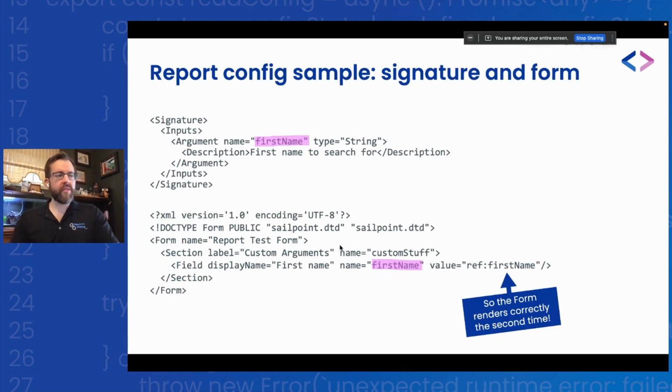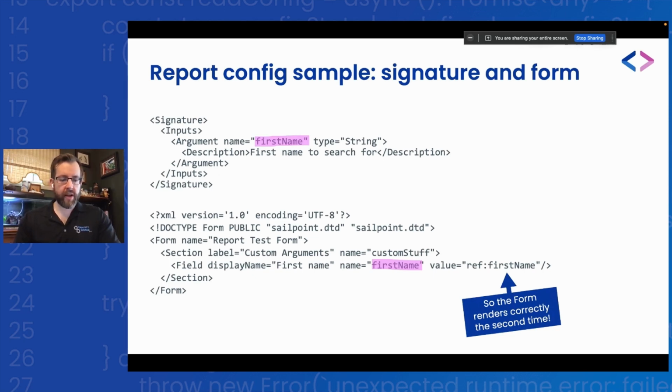So this is kind of what a config looks like for a form. The signature at the top there is part of a task definition, and it has inputs, and those inputs have names. In this case, we have a first name to search for. This is going to be a very, very simple SQL query. Then you have a form. The form is separate from the report, so it's an entirely separate object that you'll just reference in your task definition.